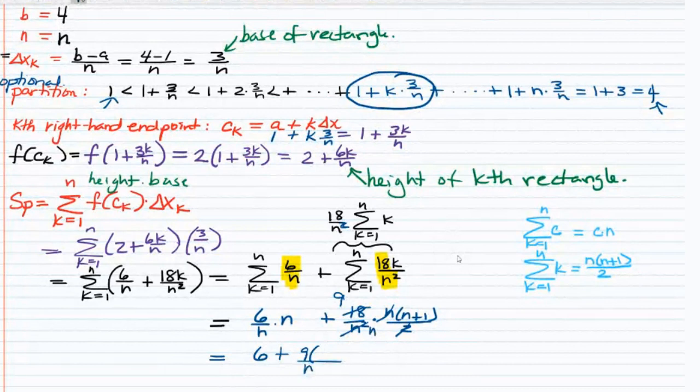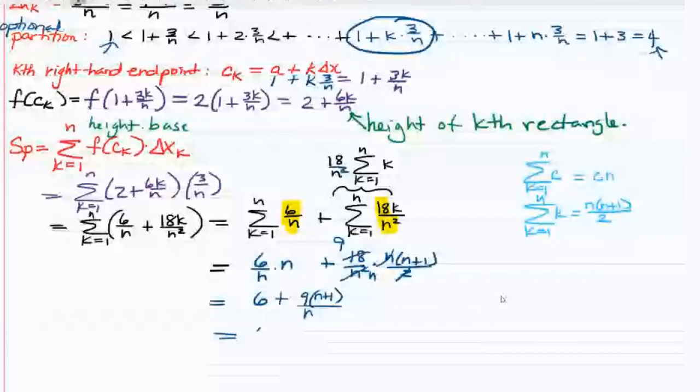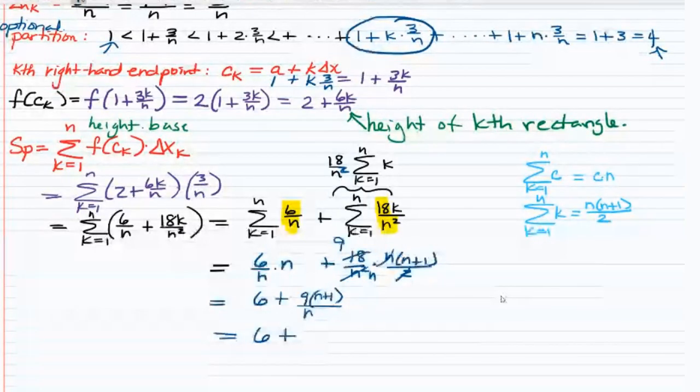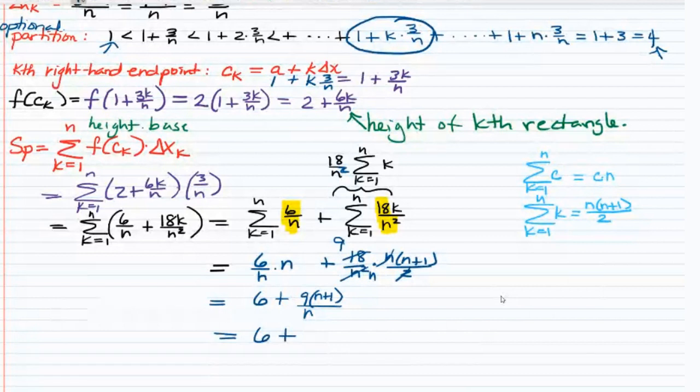So we still have an n in the denominator, and we have 9 times n plus 1 in the numerator. There's not one particular right way to write this, but I think what they do in your book is they divide it out. So this is going to be 9n plus 9, and we're dividing each part by n. So you're going to get 9 plus 9 over n. So your result is 15 plus 9 over n.